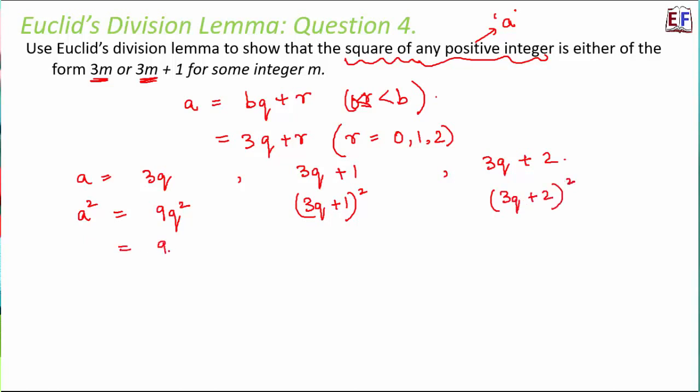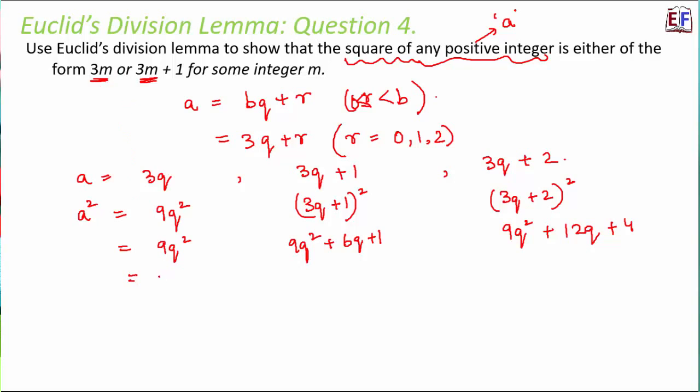So this becomes 9q square. This becomes a square plus 2ab plus b square. And this becomes a square plus 2ab plus b square. Now let us see if we can write it in the form of 3m or 3m plus 1.